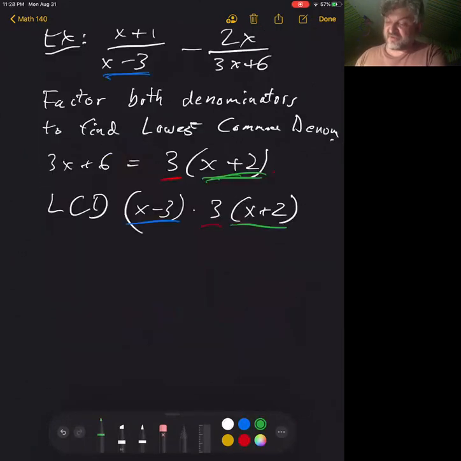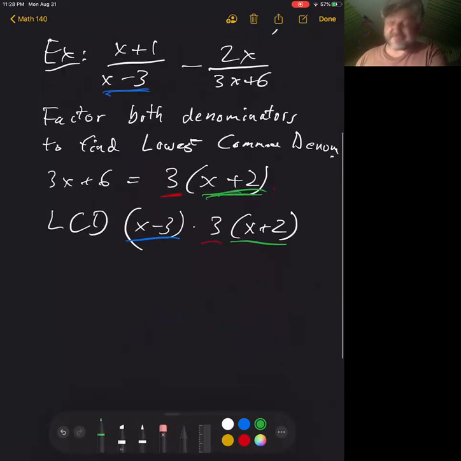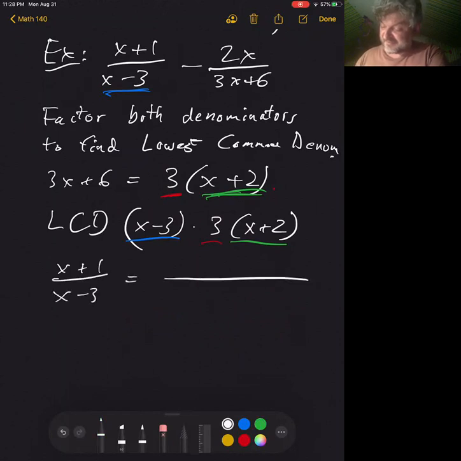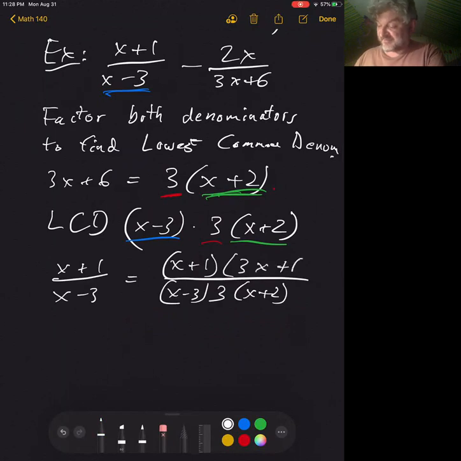And then we need to expand both fractions to have this denominator. So x plus 1 divided by x minus 3 is x minus 3 times x plus 2. And the top, x plus 1, gets multiplied by 3x plus 6, if I like it that way.